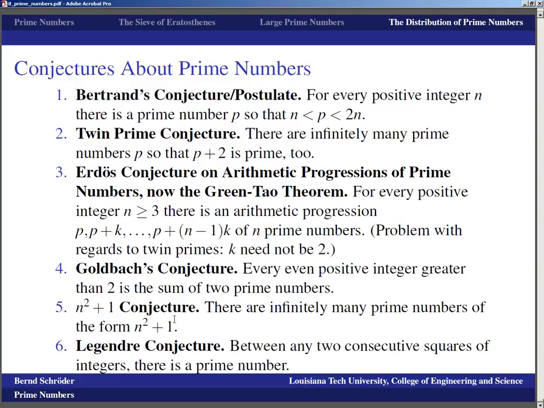So that is of course a whole lot weaker than n squared plus 1, right? Because if you can solve the n squared plus 1 conjecture, then of course, well, okay, not quite. It's a variation on the whole thing, because the n squared plus 1 conjecture talks about the next one. The Legendre conjecture just talks about consecutive squares of integers. So again, it talks a little bit about how the primes are distributed.